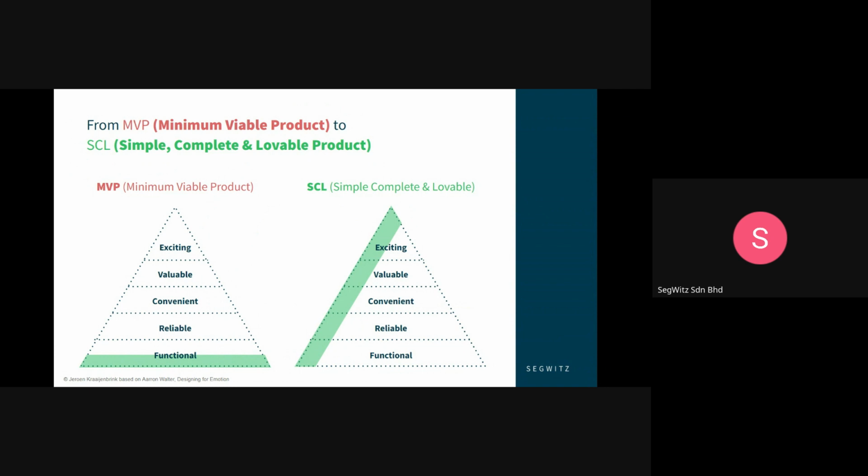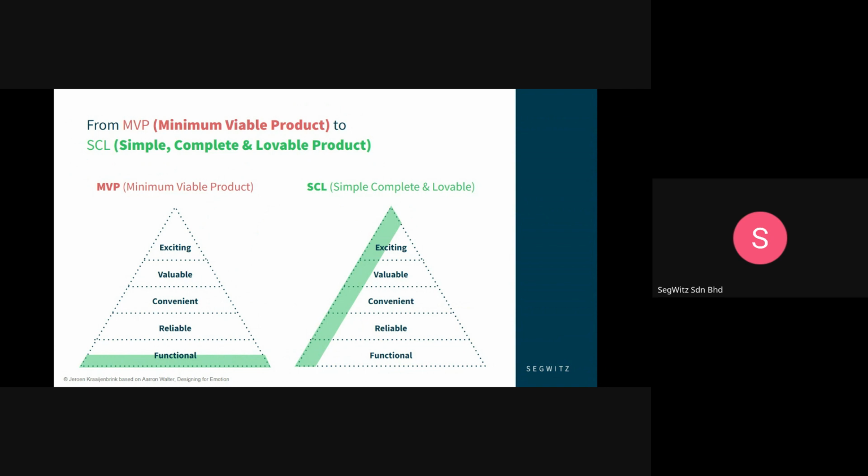Nowadays, you can't build a product which is just functional and launch it into the market anymore. This is where, in SegWitz, rather than talking about building an MVP for startups, we need to focus on building a product which is simple, complete, and lovable, right?